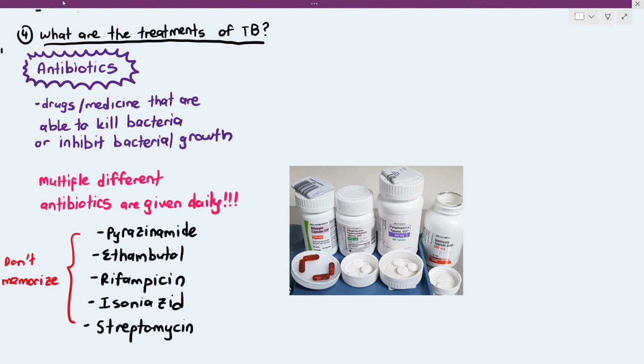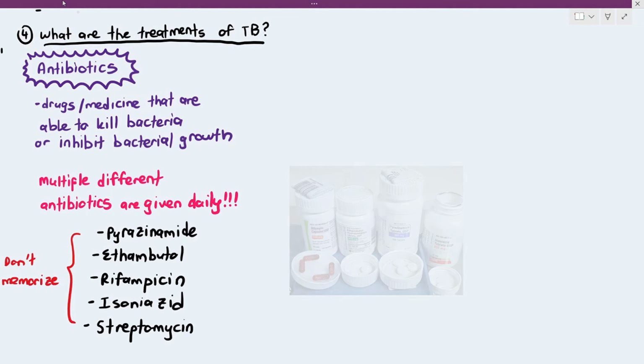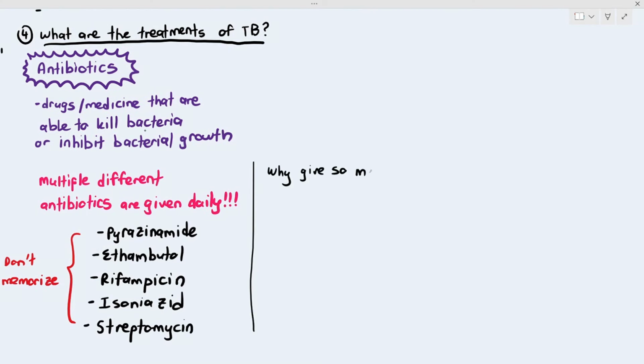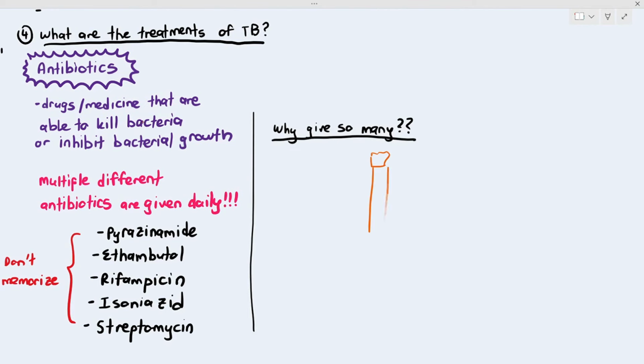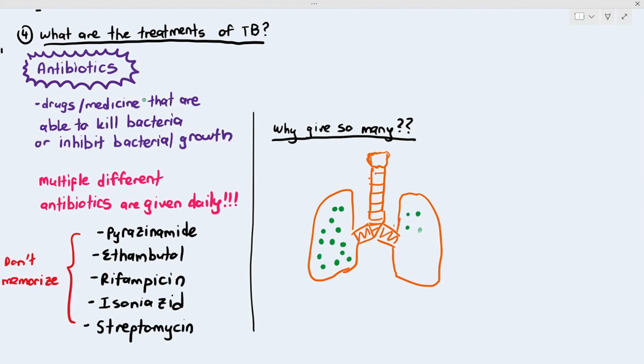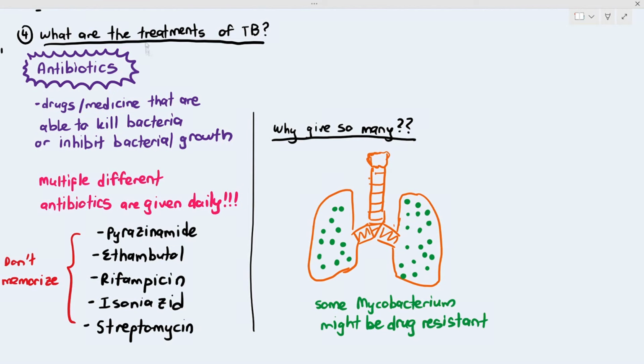So it repeats itself. So then comes the question, why do we have to give so many antibiotics at the same time? The reason is because some of the Mycobacterium might be drug resistant or antibiotic resistant. What that means is, let's say the person's lungs over here is filled with the Mycobacterium, and let's say the doctor just gives pyrazinamide.